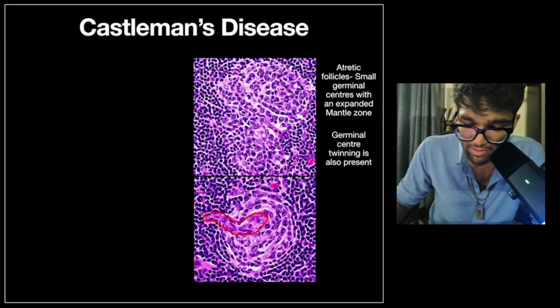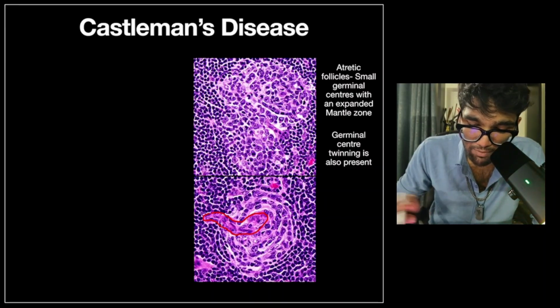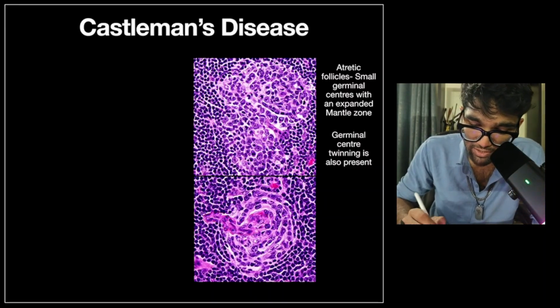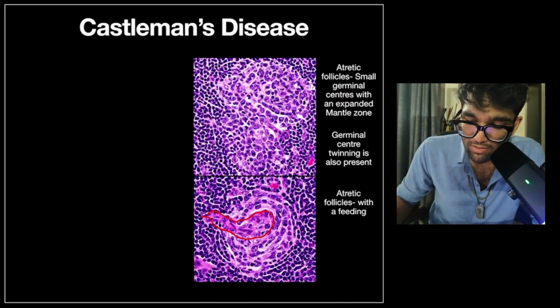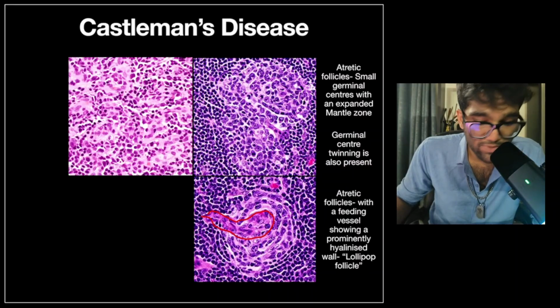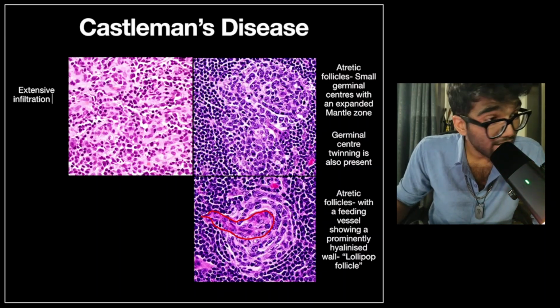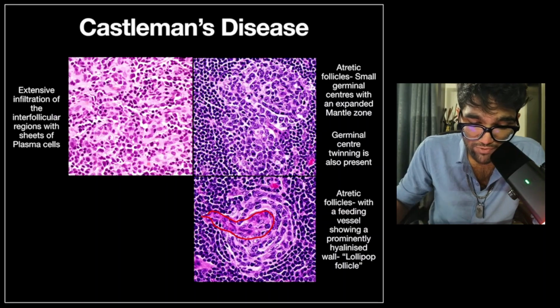How do I know it is a blood vessel? Because of the shape of the endothelial cells there. Sometimes you're able to see an RBC within the lumen as well. So this is actually a feeding blood vessel surrounded by layers of an atretic germinal center. And this is what we call the lollipop sign, rather imaginatively. Okay. Now, on the other hand, on the left side, I have shown you an extensive infiltrate of the lymph node.